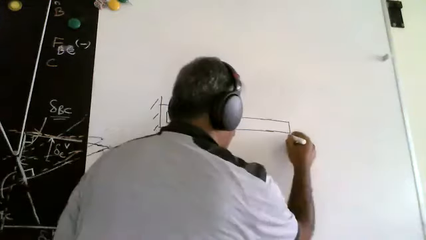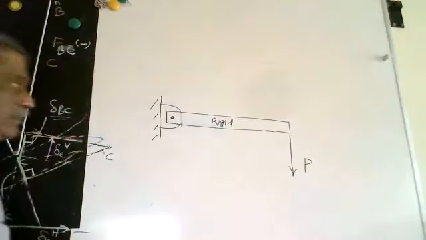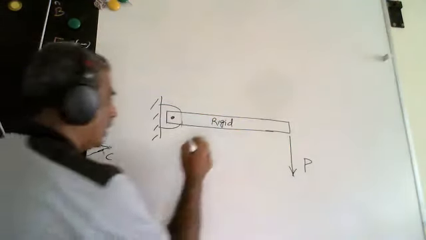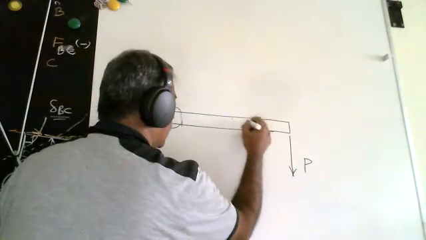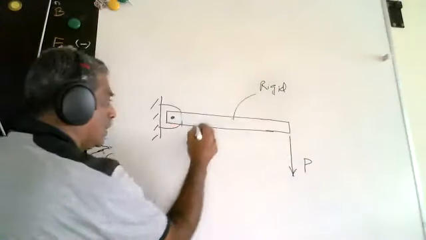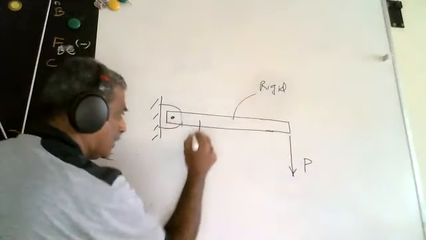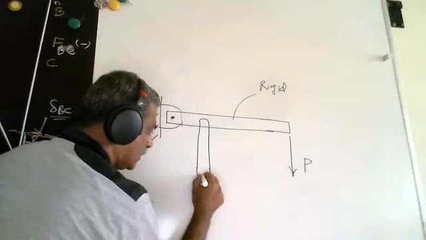Let's say a load P is applied over here. So this is rigid. Let's see if I can draw this nicely.